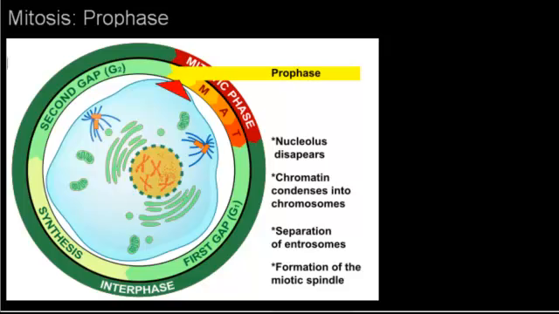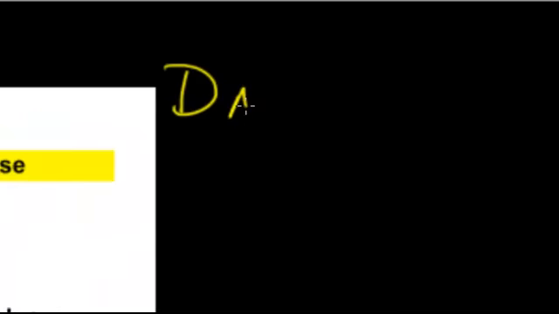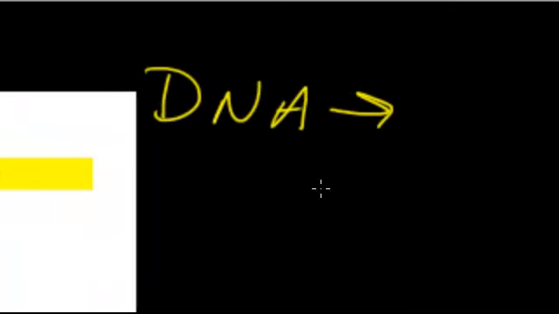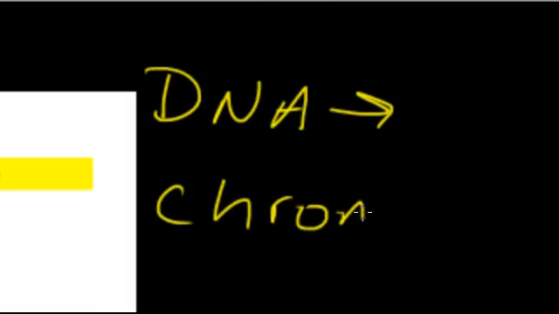Remember, you can't see DNA, and it's really even hard to see chromatin, but when we take that DNA and wrap it around protein, DNA condenses to chromatin, to chromosomes.